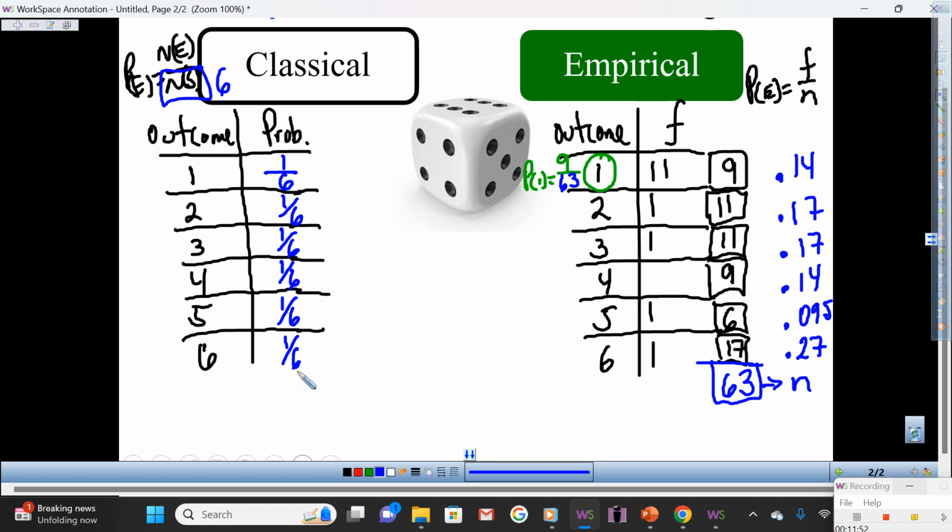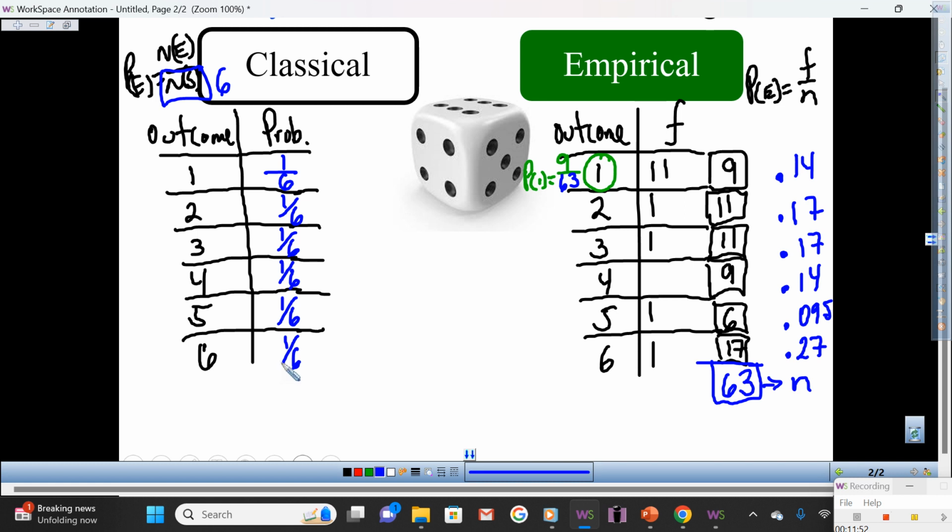Okay. Did we do anything with the die? No. Did we record anything? No, we're just looking at plain data from what we see and using that data to use our classical formula to find our probability.